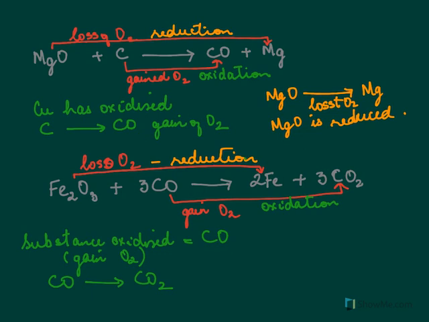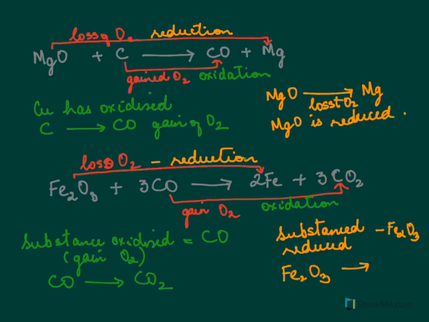And next, the substance reduced will be Fe2O3. Why Fe2O3? Because Fe2O3 has become Fe. It has lost oxygen, so we say it has undergone reduction.